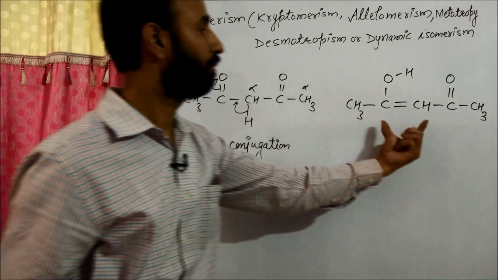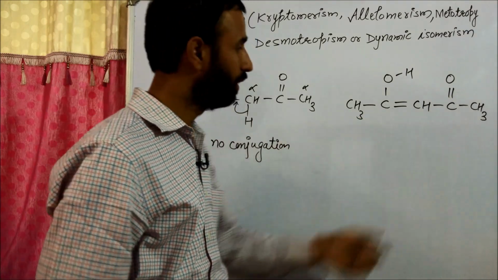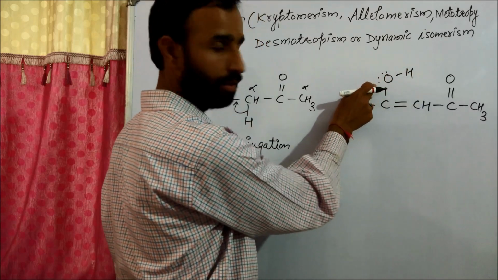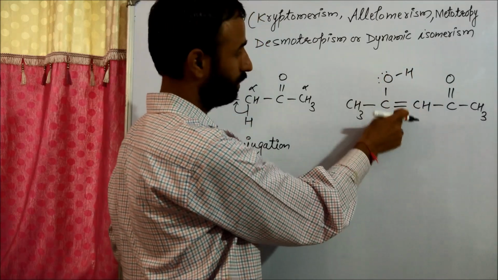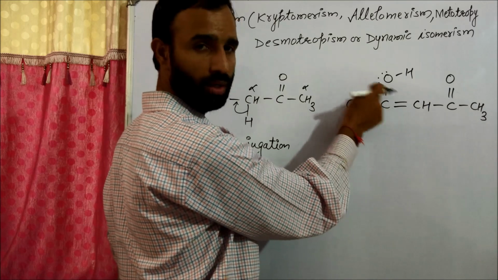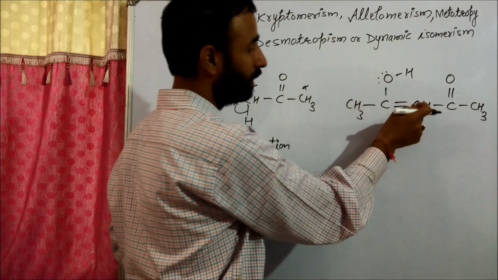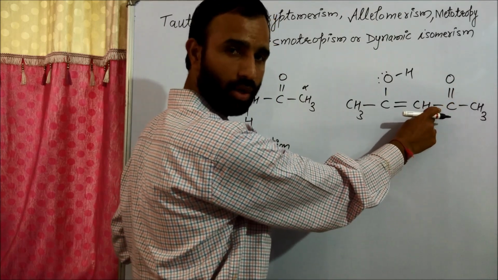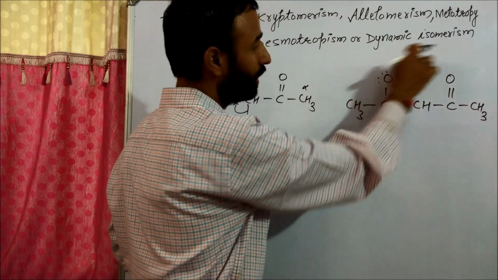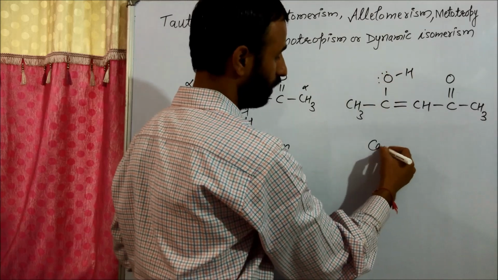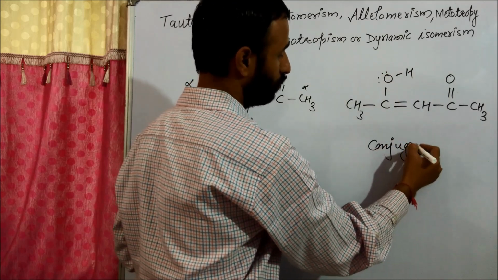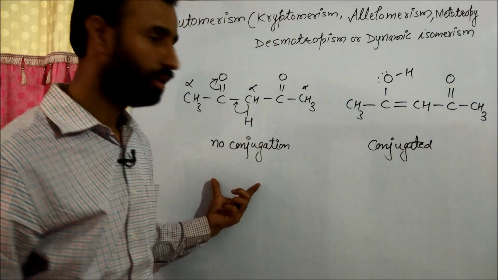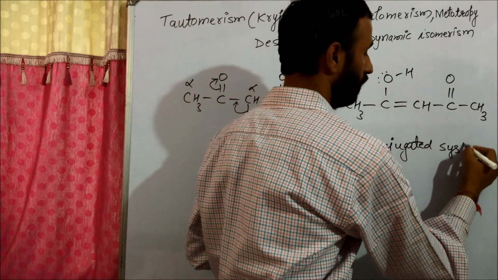But when we form its enol form, see, the lone pair and double bond are separated by a single bond, so they are in conjugation, and this double bond and CO double bond are separated by a single bond, again conjugation. That means this whole system is conjugated. In the keto form there is no conjugation and this is a conjugated system.